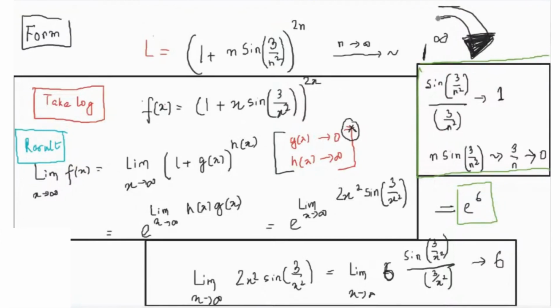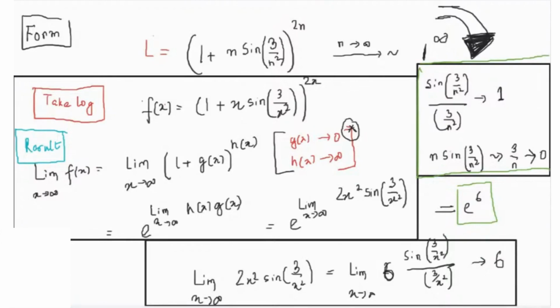You observe that 1 by n square goes to 0, so 3 by n square also goes to 0. And if 3 by n square goes to 0, then sine 3 by n square by 3 by n square will go to 1, because sine x by x goes to 1 as x tends to 0. It's a subsequence of that function. So that helps us understand that n times sine 3 by n square will behave like 3 by n, which will go to 0. That's the basic idea.